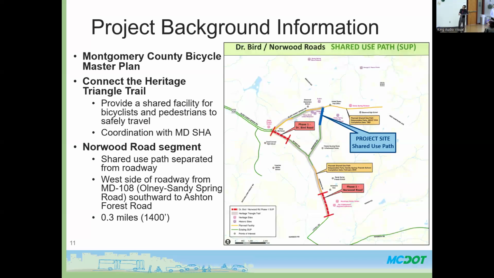Okay, this map is going to give you a bit more detail about what's going on. Before we go into the map, though, let's talk about the bicycle master plan. The goal of the bicycle master plan is to have bicycling as a viable means of transportation throughout the county.